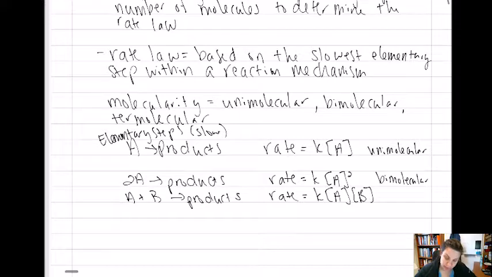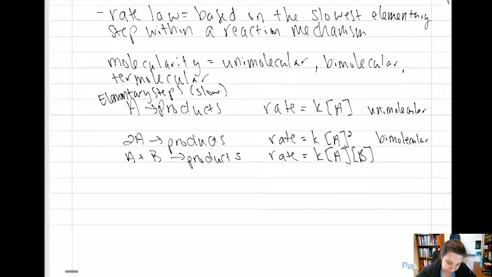So both of these options are bimolecular, and then there's lots and lots of options for termolecular. I'm only going to give you guys one. So 3 A molecules react to give you products, or if we have A and 2 B's, 2 A's, 2 B's, whatever it happens to be, as long as we have 3 molecules reacting in your elementary step, that would be termolecular, and you'd have a third order process.